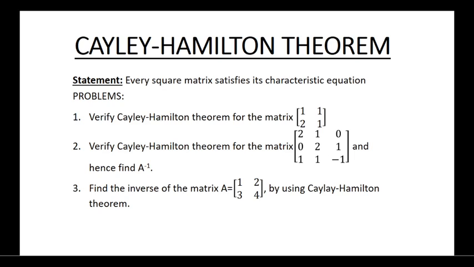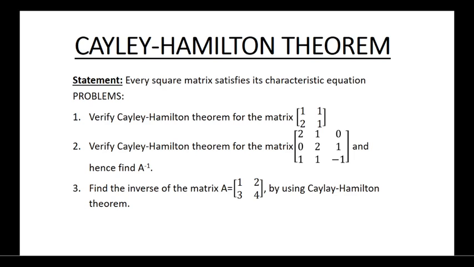Now we find A square, by matrix multiplication A into A. We get A square: first row 3 2, second row 4 3. Next we calculate the 2A matrix: first row 2 2, second row 4 2.